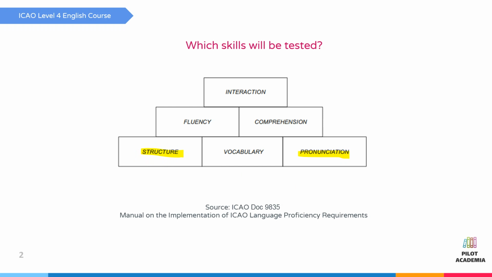The third base part is vocabulary, which is seen over here. In vocabulary, the level of proficiency will be apparent in the accuracy, range, and speed of access. Here it is important to have the vocabulary required in given situations. Okay, the skill also includes paraphrasing skills.